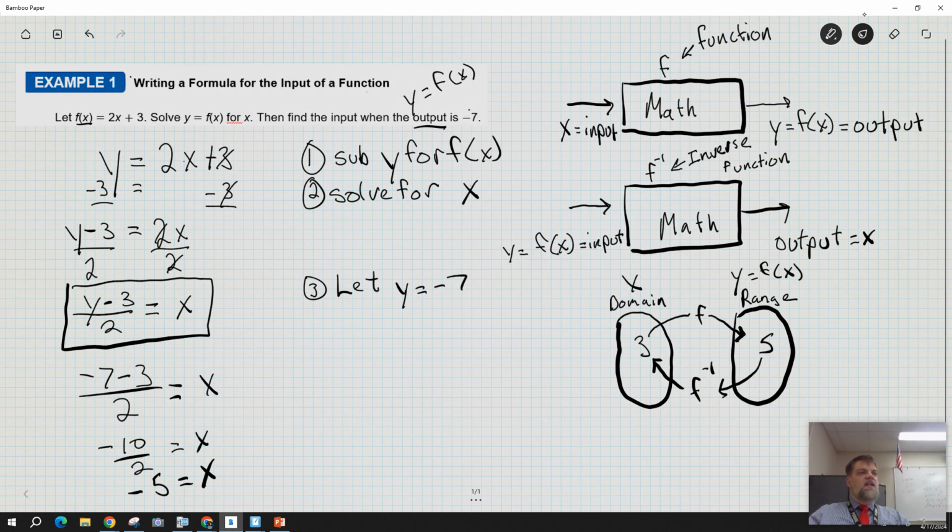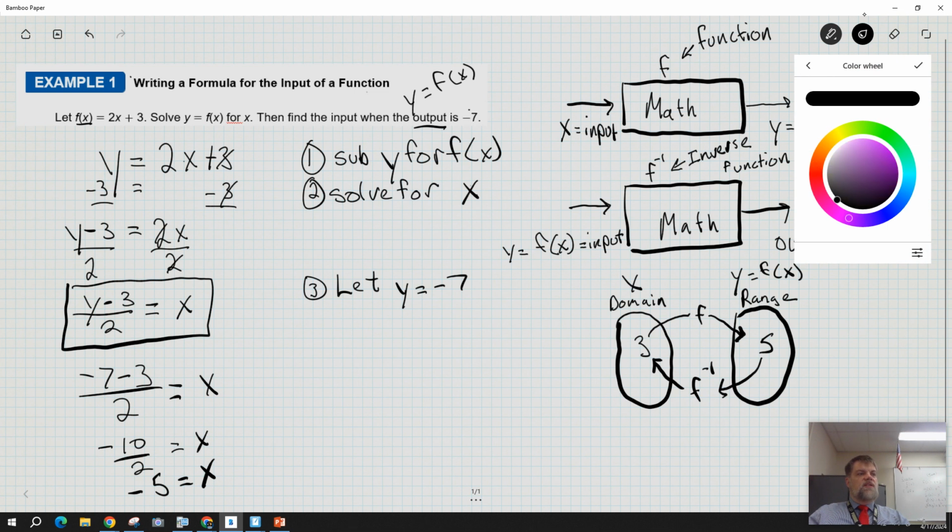Now, from that information, what we know is this.